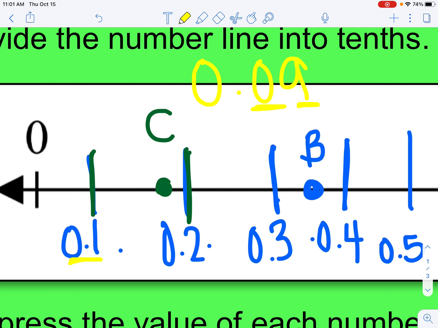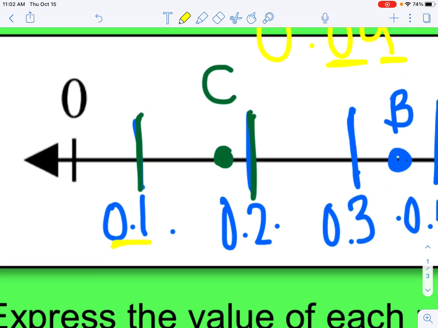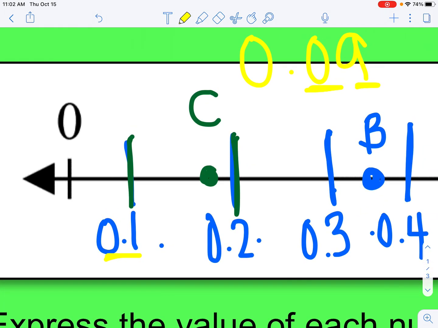Okay? My second number is 900ths. Remember, 900ths is really, really small. So 900ths would be somewhere closer to over there. Oops, I'm sorry. 900ths would be closer to 0 or closer to 1.